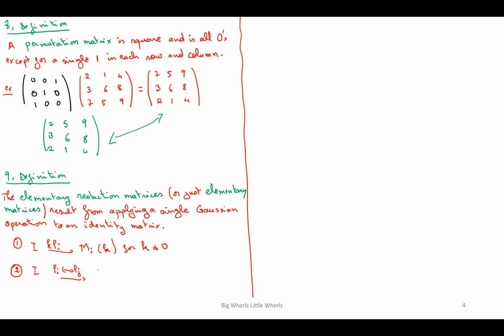This is going to be a permutation matrix, let's call it Pi,j. P for permutation, M for multiplication. And the last Gauss operation is row combination, so k times row i plus row j, which will give us Ci,j(k), C for combination, k being different from 0.